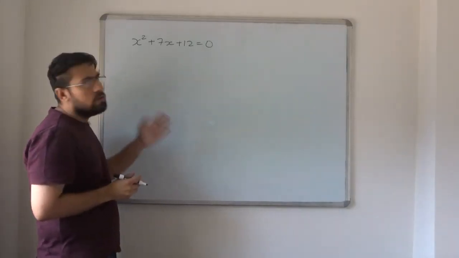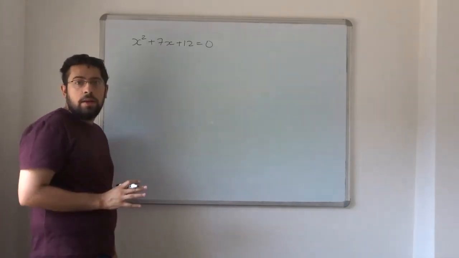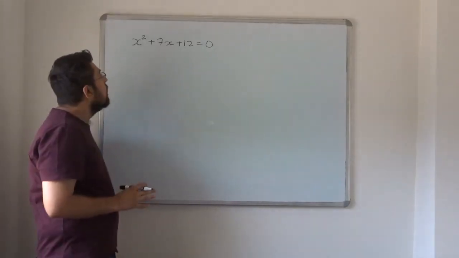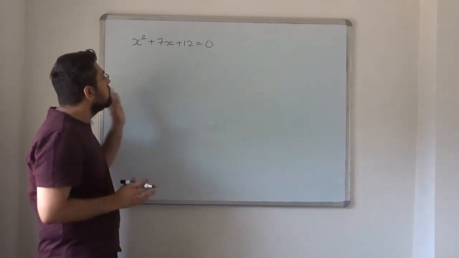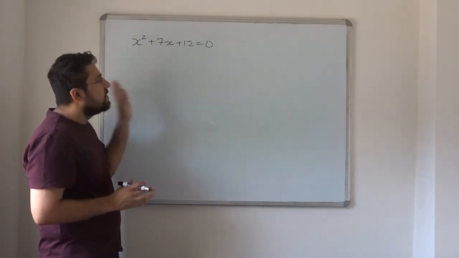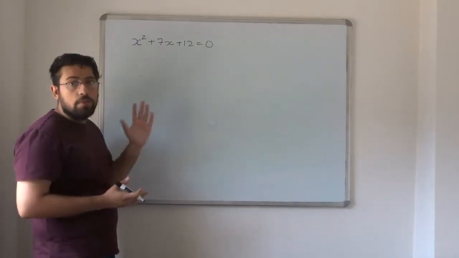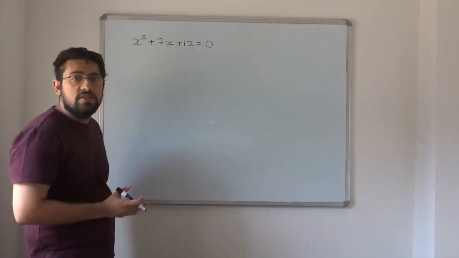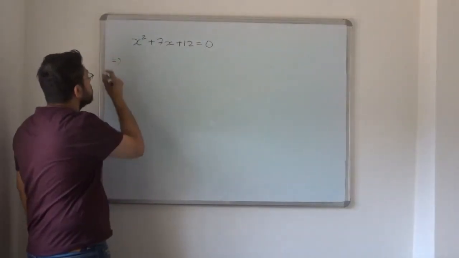By splitting the term you can find the answer, but we are not using that method. I'm going to teach you how to solve this by completing the square. So once you understand this example, then as the quadratic equations get more complicated, you'll easily be able to understand. Let's start solving this.